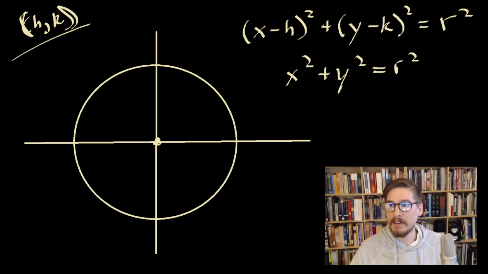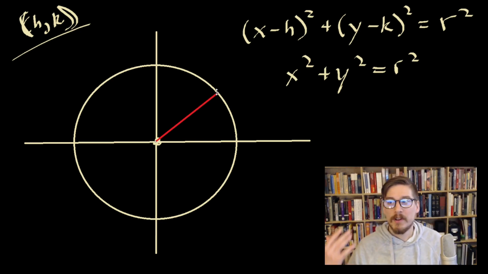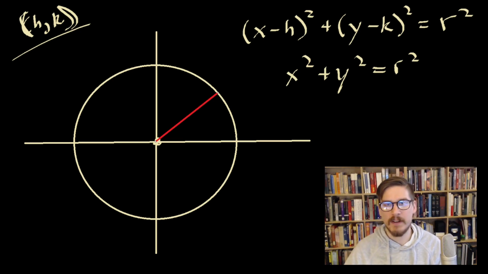Well, it's because the radius of the circle here actually traces out the circle by producing, theoretically, an infinite number of right triangles. I'll explain how that works. So what we have is, if the red bit here is the radius, and I'm going to complete the right triangle so you can see it.